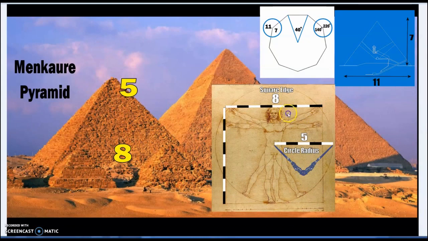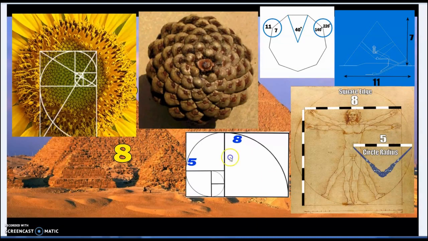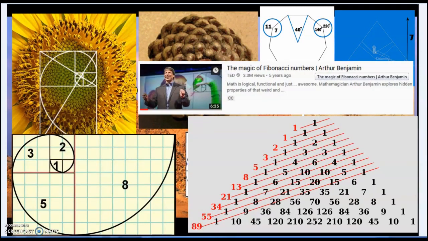It's nice to note the Vitruvian Man as well. In the circle of Vitruvian Man, the center of the compass is set on his navel, and that gives us an 8 to 5 ratio as well. So these are the type of connections that appear everywhere. You'll see that same spiral all across nature in many ways. Great lecture, The Magic of Fibonacci Numbers by Arthur Benjamin.